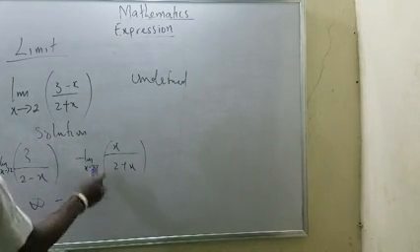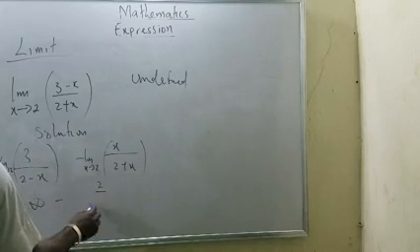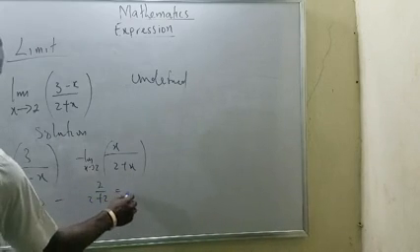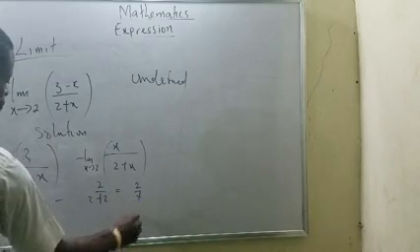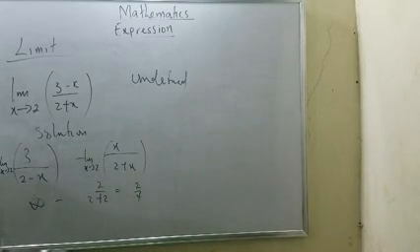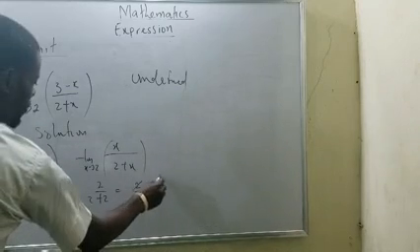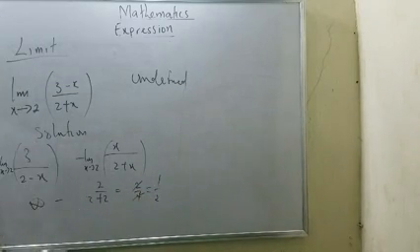Once I'm limiting it, I'll put 2 plus 2, which gives me 2 all over 4. 2 all over 4 is the same thing as 1 all over 2. Now, it means I've successfully taken the limit, which is number 2.